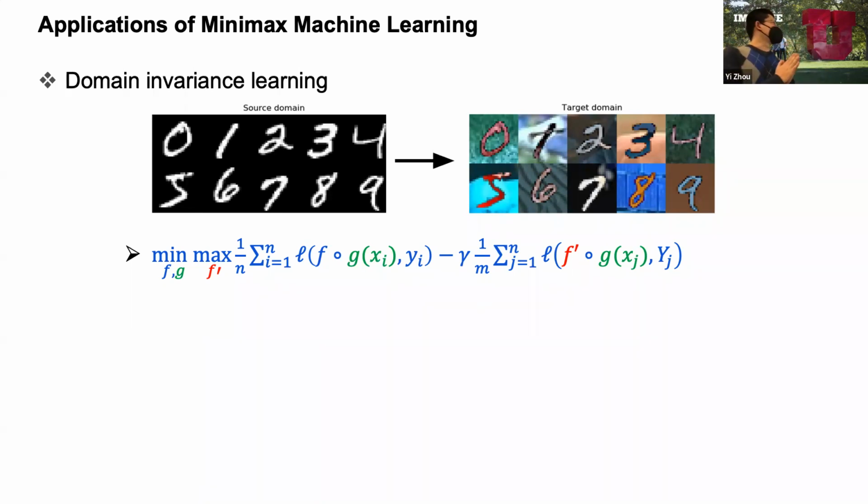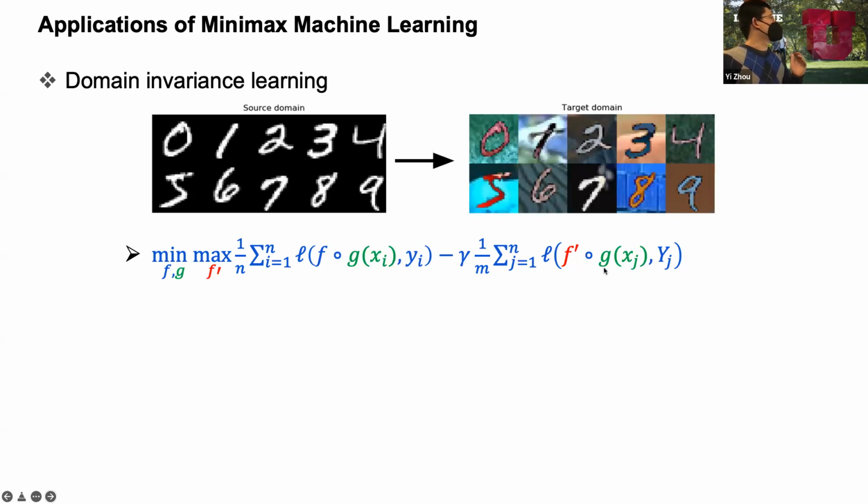The central idea is to train these feature extractors so that they can generate domain invariant features. The first part is a standard classification part on the source domain. We want to train this feature extractor so that it can extract good features for the classification on this source domain data.